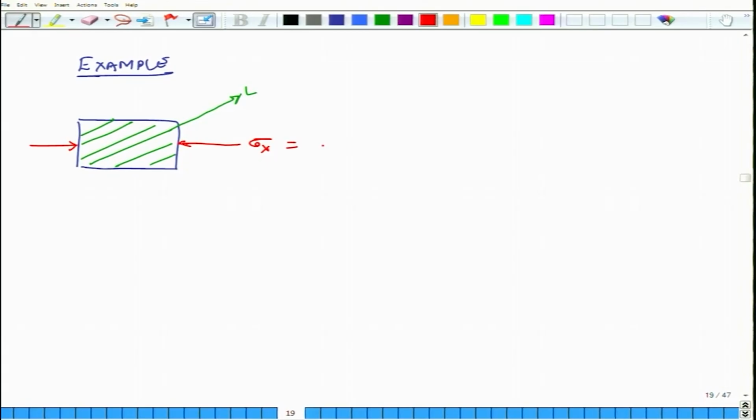and that equals 3.5 MPa, and then I am also pulling it in the transverse direction.